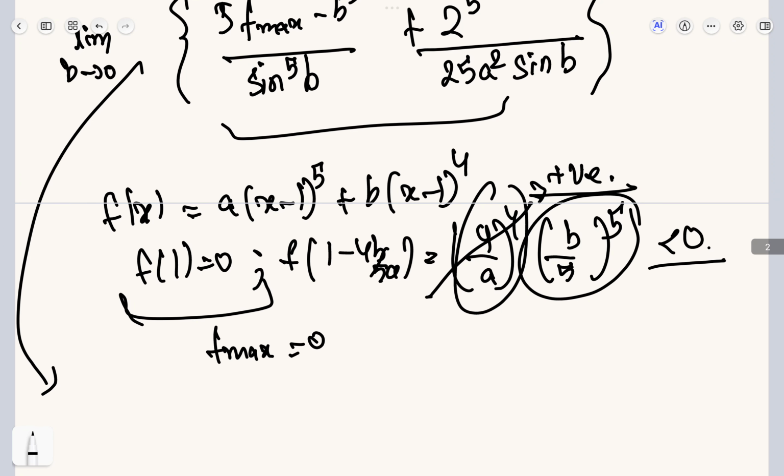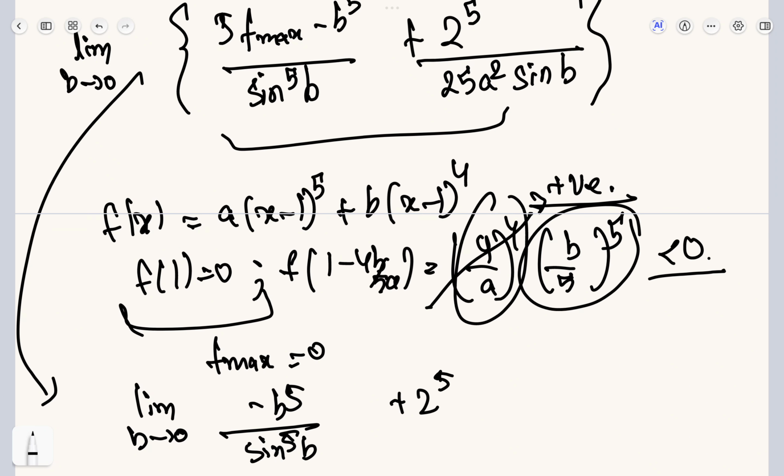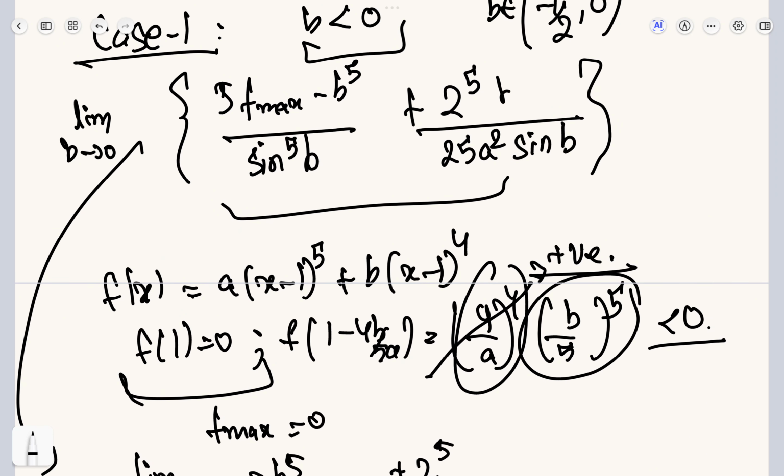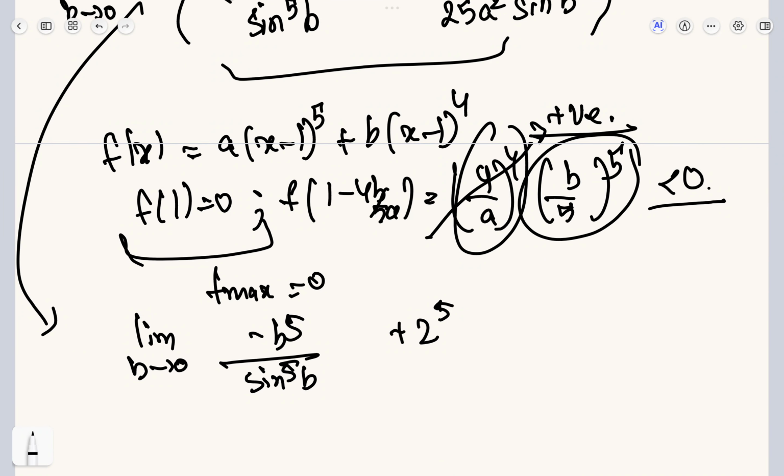Okay, so I would get limit b tending 0 of minus b power 5 by sine power 5b plus 2 power 5. I had b also here, yeah, b just changed to minus b, and upon 25 a squared sine b.